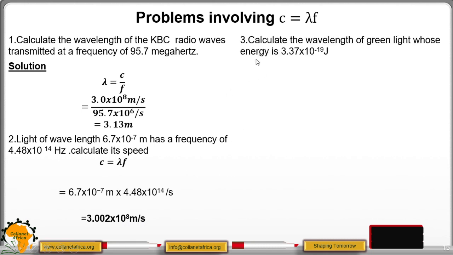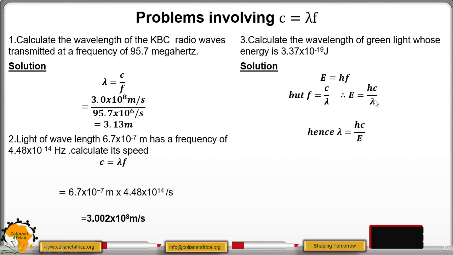Then the third example: calculate the wavelength of green light whose energy is given. We proceed as follows. Our energy is equal to hf. Remember, we are supposed to get the wavelength. But first of all, we know that f is equal to c over λ. So replacing f with c over λ, you'll get that energy is hc over λ.